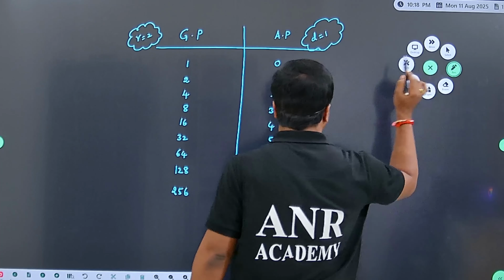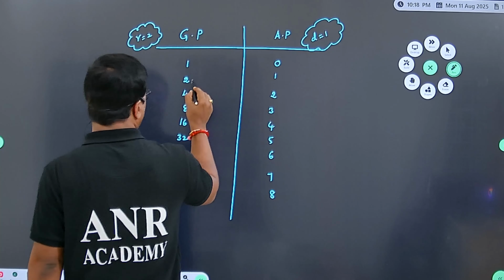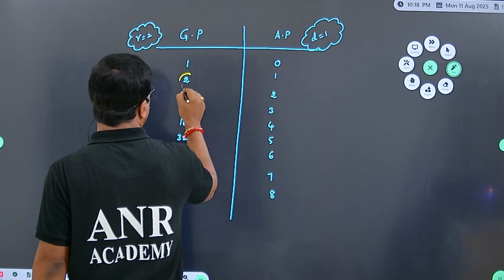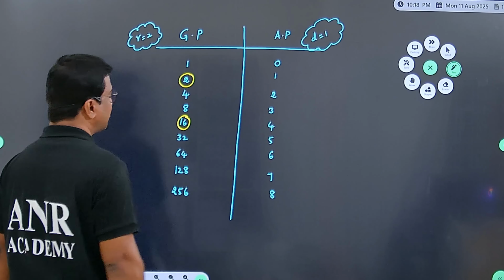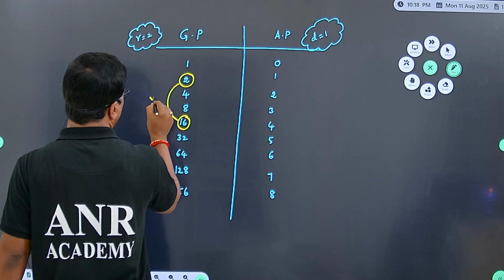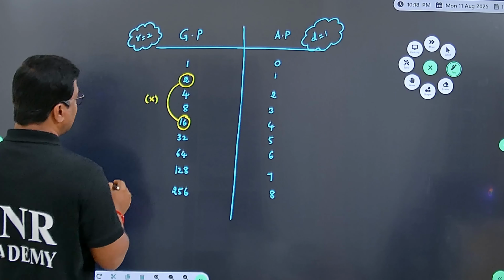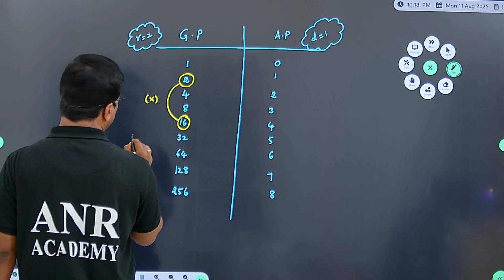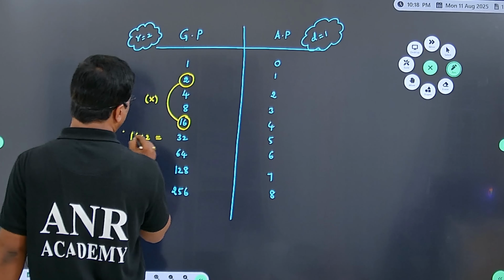Here I am going to multiply 2 with 16. I am going to apply the operation multiplication. 16 into 2 gives the result 32.